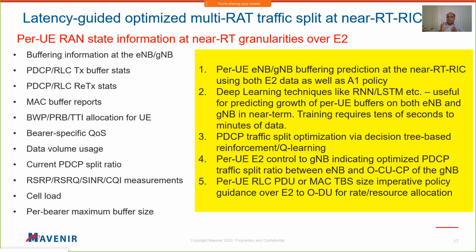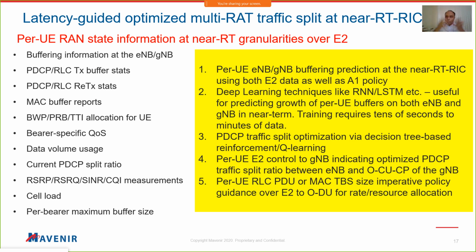And then the near real-time RIC will also make optimization decisions, again by using some machine learning models, like, for example, decision tree-based reinforcement learning or Q learning, that decides whether a packet or a set of packets needs to be sent over the LTE interface or should be sent over the NR interface.